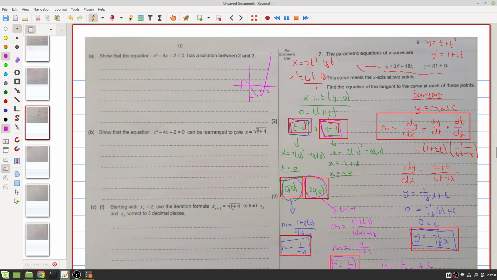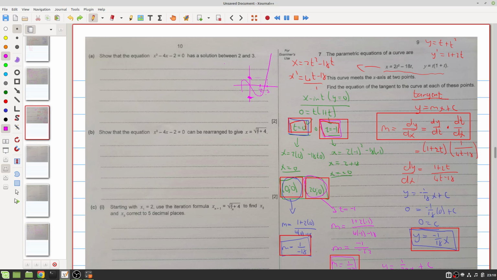Then y is over here, and when x is 3, y is over here, right? So we can see here the y value here is negative, the y value here is positive. So that means the graph had to go from below the x-axis to above the x-axis between the 2 points. That's why we can say it has a solution there, because it crosses the x-axis between those 2 points, because one is positive, one is negative.